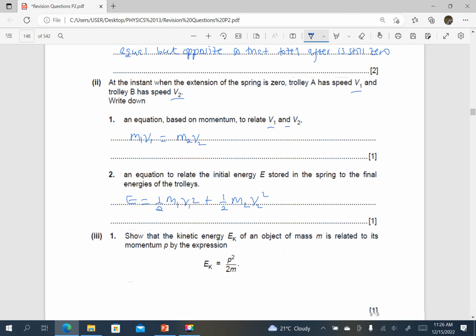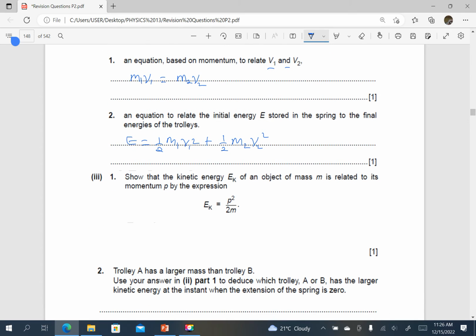Show that the kinetic energy EK of an object of mass m is related to its momentum by that expression. This is simple mathematics. From AS, we know that kinetic energy EK is a half m v squared. When I cross multiply, this becomes twice EK equals m v squared.